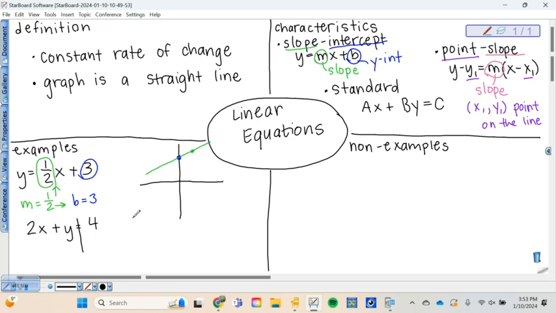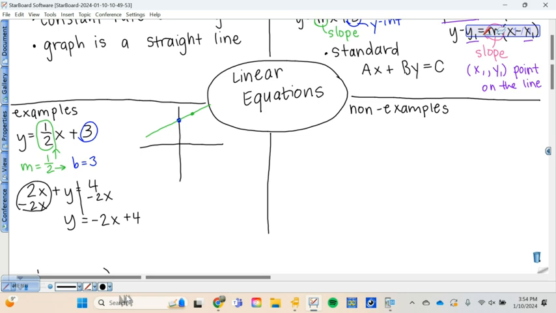I want to move it to the other side. So we're going to subtract the 2x from both sides, because that will make y all by itself. And then can I combine 4 minus 2x? No, right? They're not like terms. So it just stays as negative 2x and a positive 4.